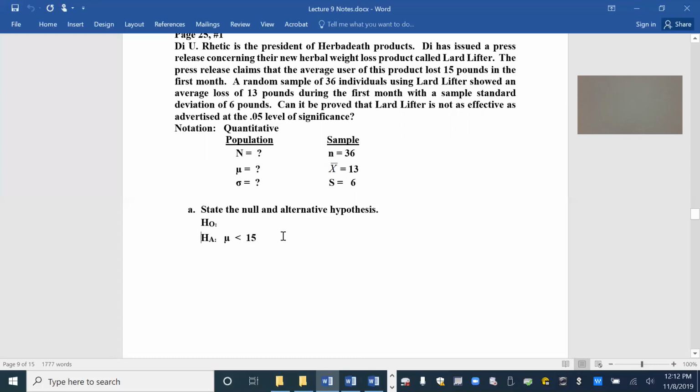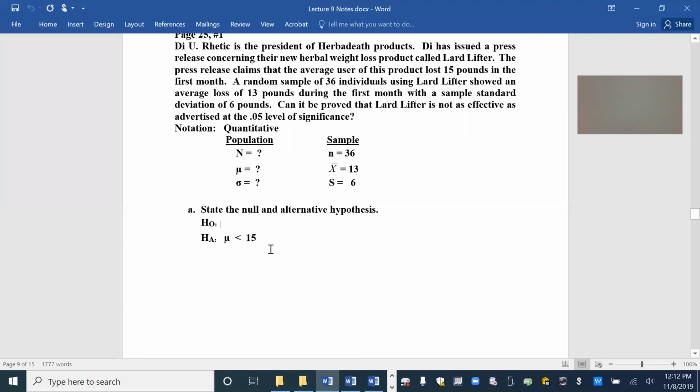If I'm going to prove false advertising, what must I prove? The average weight loss of all the users of this product is less than the 15 that their ad says. If I can show that, I can prove they're guilty of false advertising. So the first thing is, who's got the burden of proof? What are they trying to claim?